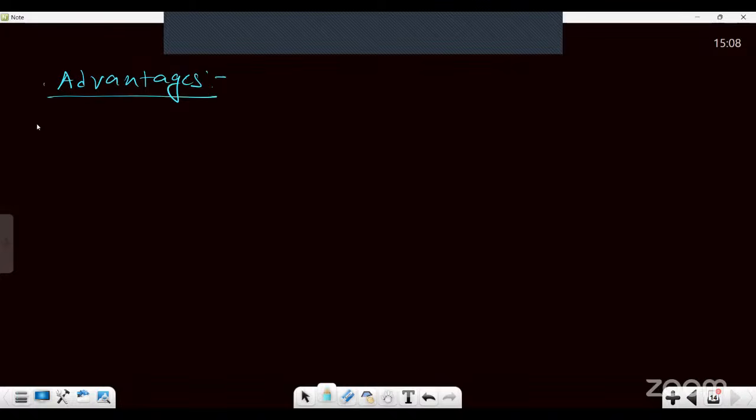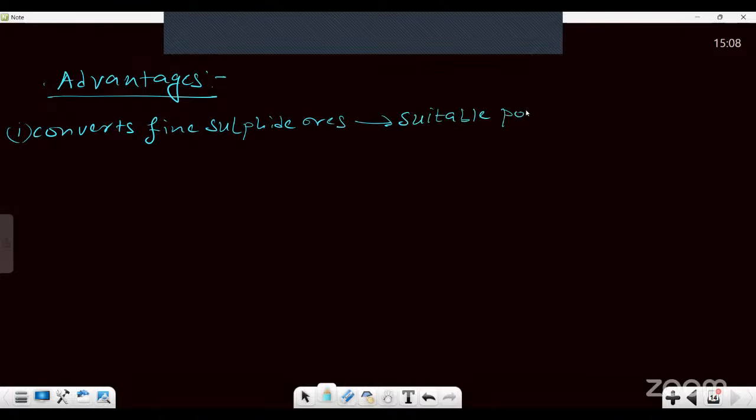The advantages are: converts fine sulfide ores into suitable porous lumps for smelting.